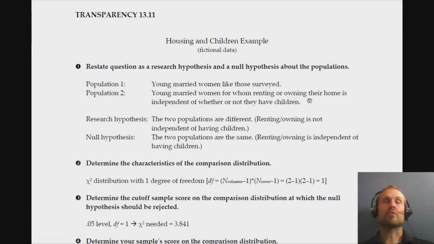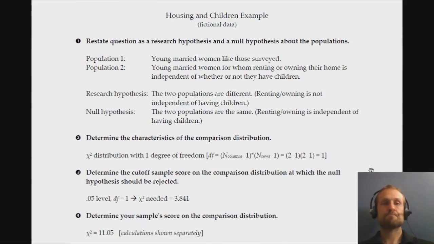Let's see how the observed compares with the expected. So my research hypothesis is that the two populations are different. I'm hoping for different. But under the null hypothesis, they're the same, meaning there's no relationship between the two variables. They're independent.